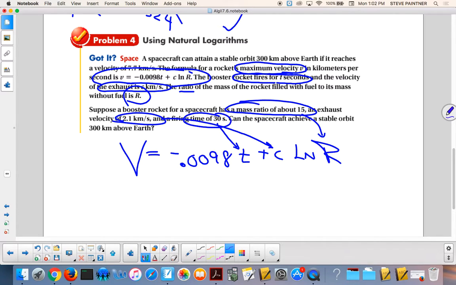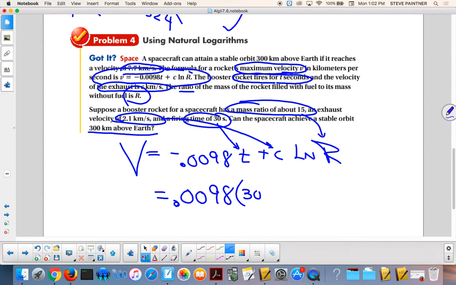Can the spacecraft achieve a stable orbit 300 kilometers above Earth? Well, here's the deal, guys. If you read this, for it to stay above Earth and not crash into Earth, it's got to maintain this speed, 7.7 kilometers per second. Your job is just to calculate this. You already know everything on the right side.